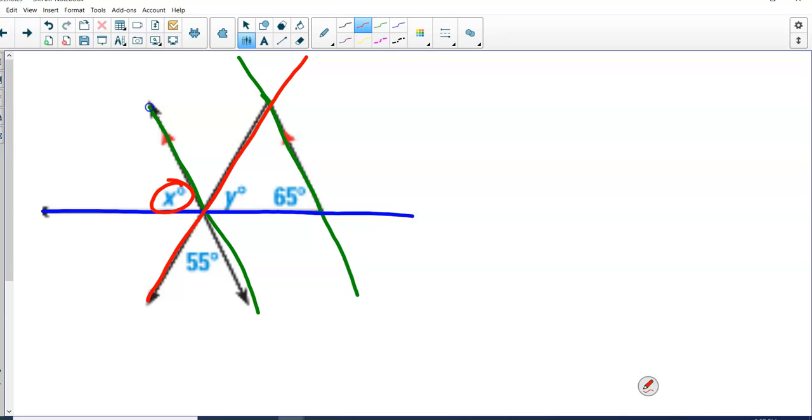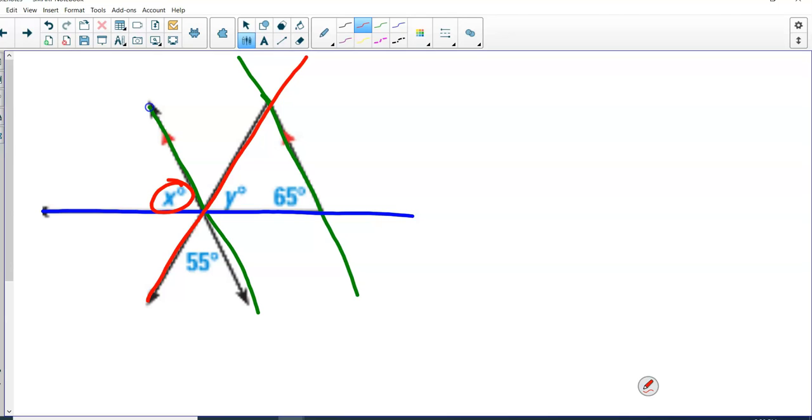So looking at our two green parallel lines, and x is formed by a green parallel line and the blue transversal. So right now we're focused on the blue transversal. Ignore the red line for now while we're looking at x. So looking at x, and along the blue line is 65 degrees. Does it have a relationship with angle x? And the answer is yes.